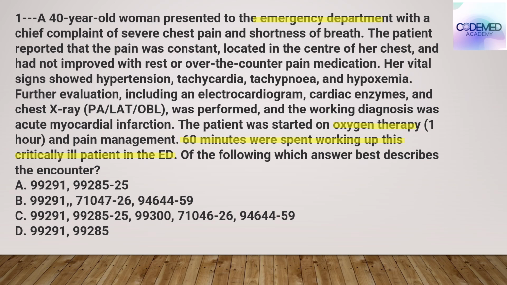So that will exclude answers A and D, because A and D are writing both the critical care code as well as the ED code, but that we do not write. We will write only one code, and we have learned that in the emergency department. So automatically it will exclude the wrong answers, and then we will see what our answer is.